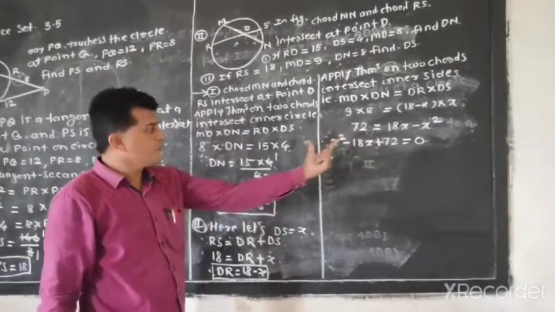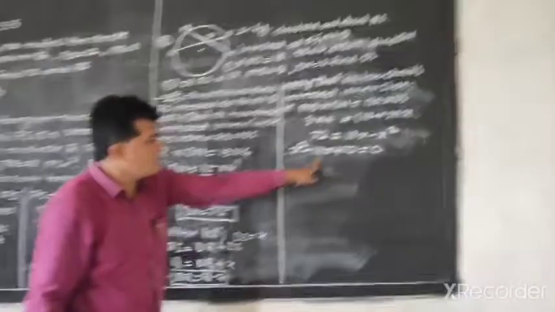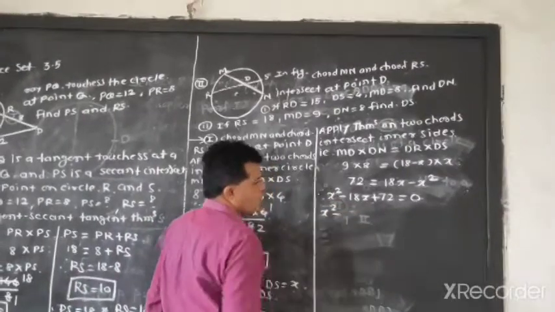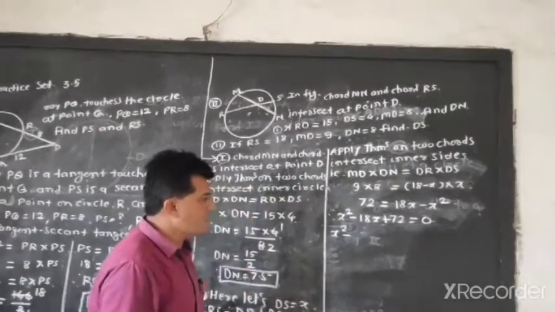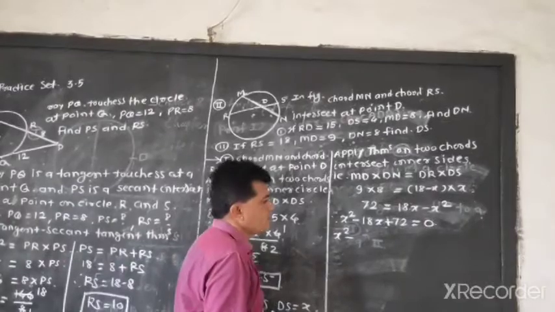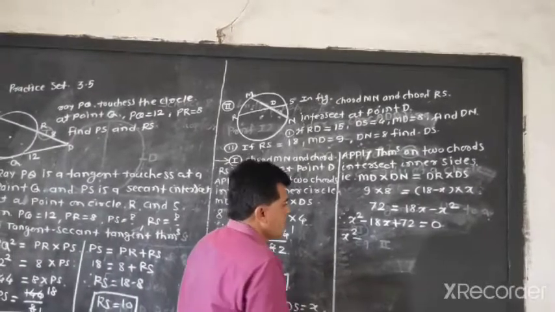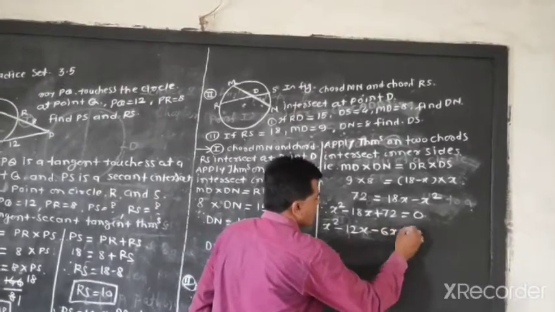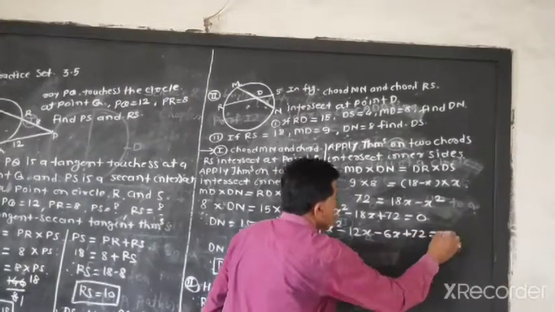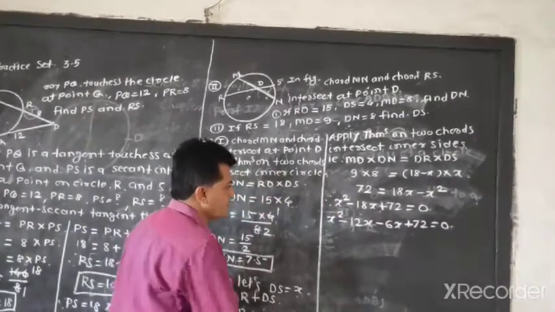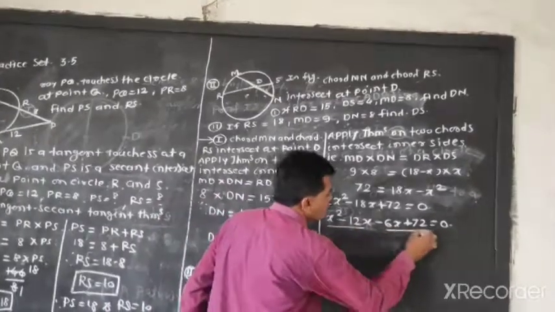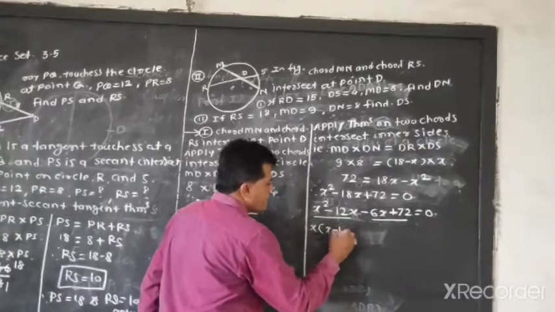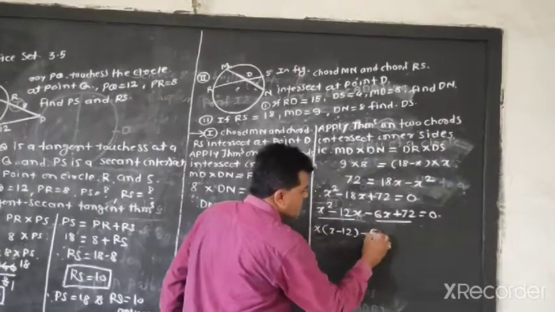Now factor it: x square minus 18x is factored as x square minus 12x minus 6x plus 72 is equal to 0. Then there are two groups, and x is common. In x minus 12 and minus 6, the common factor is x minus 12.